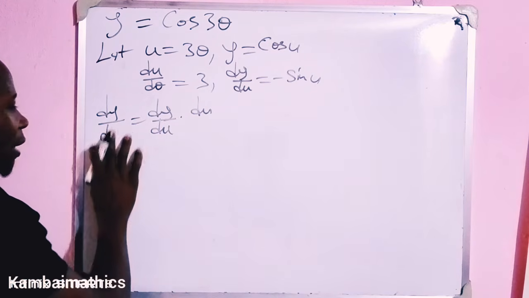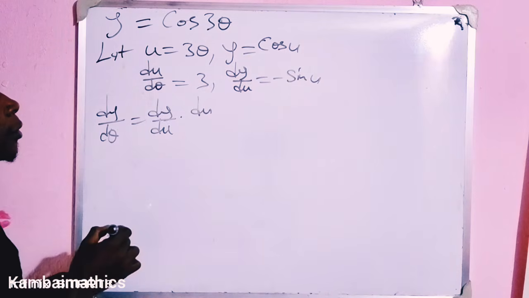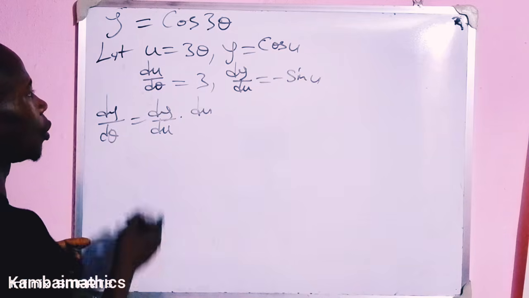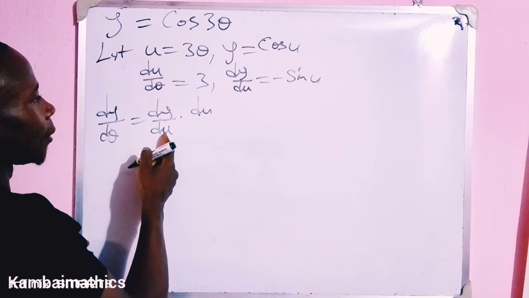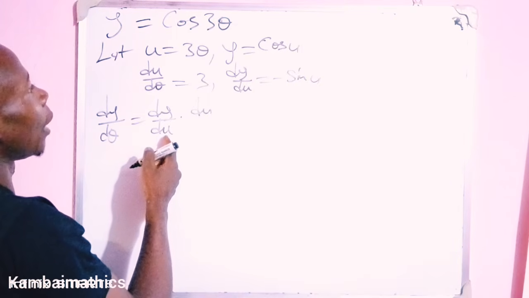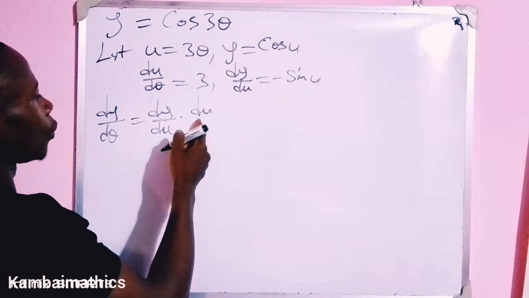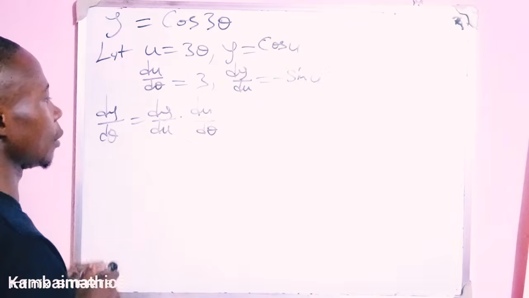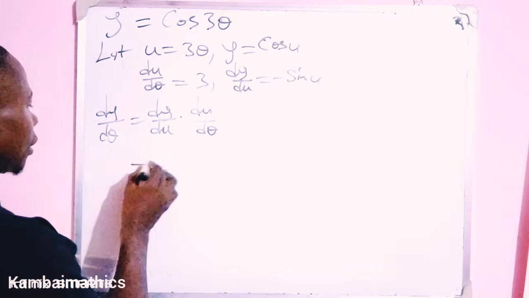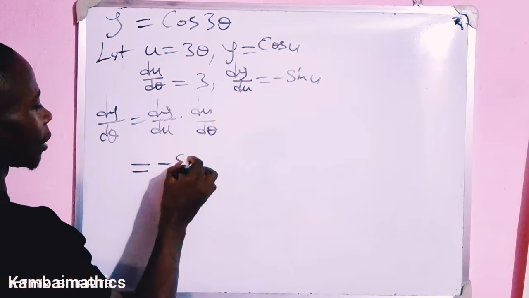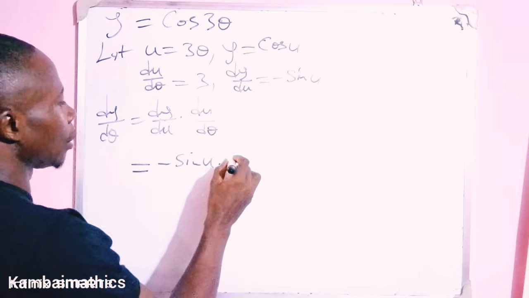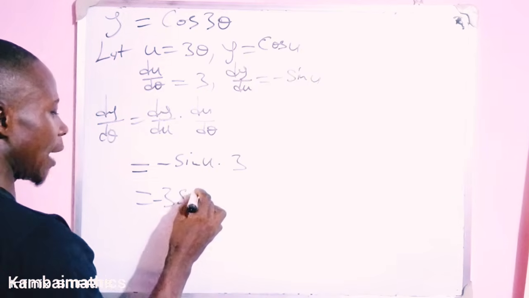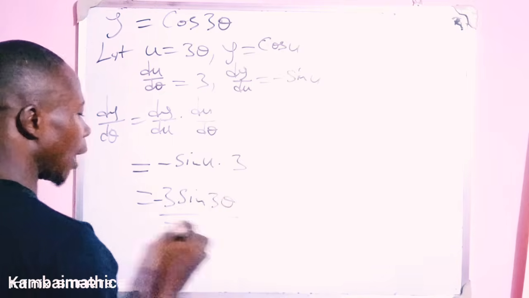In this case, it's not dx, it's dθ, because this is given to us in the form of θ. So this is minus sine u times 3, which is minus 3 sine 3θ as our final answer.